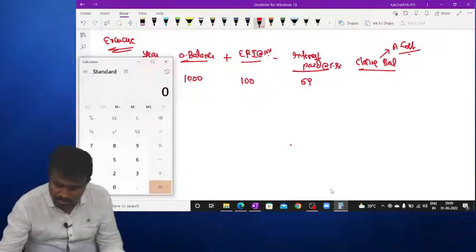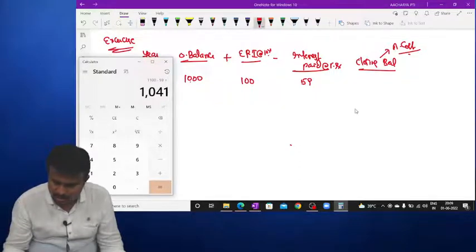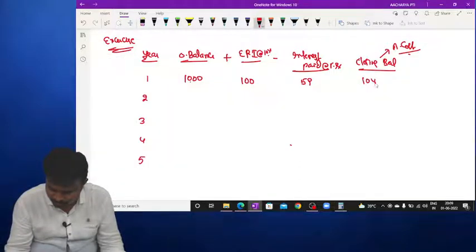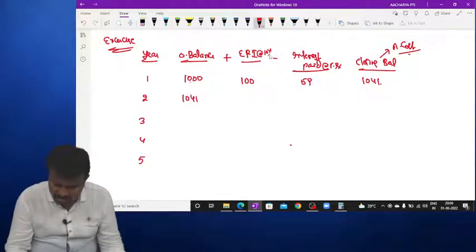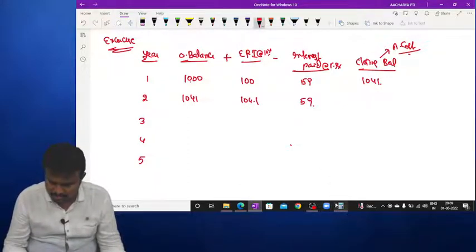1000 plus 100 minus 59 equals 1041. Then the effective rate is applied on 1041 at 10%, which is 104.1, minus 59.